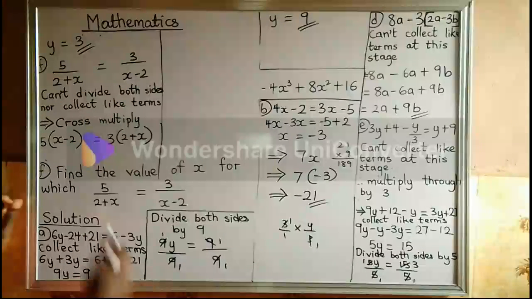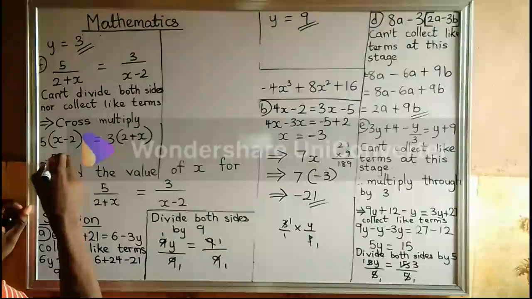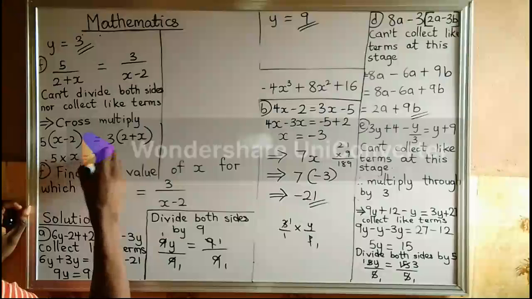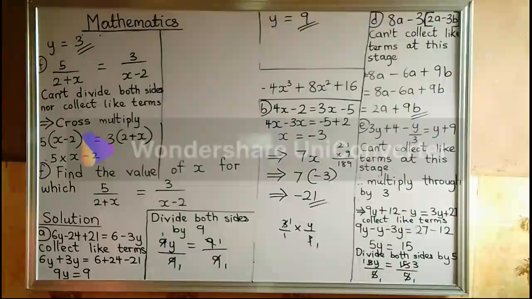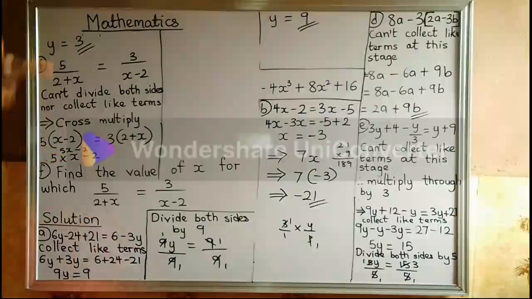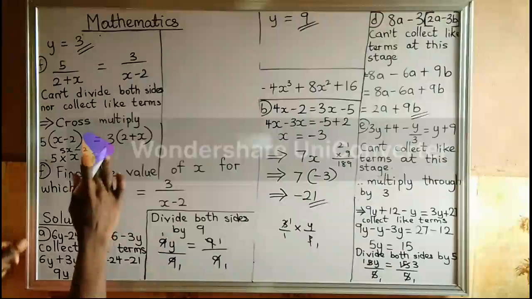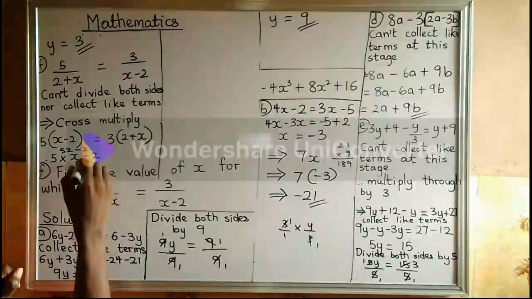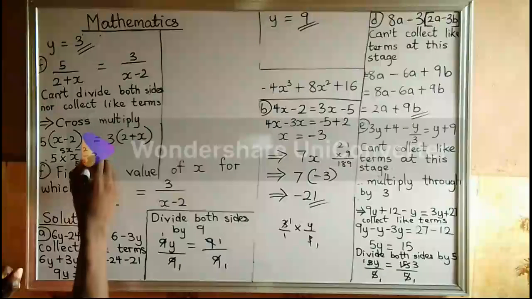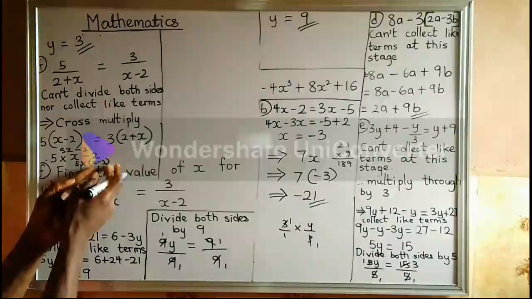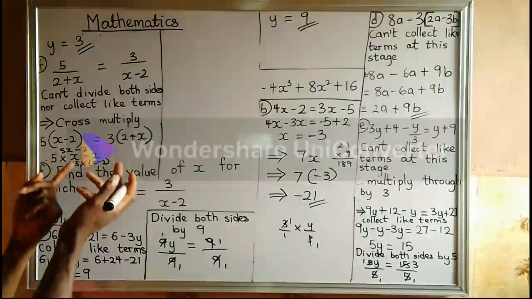So if I don't introduce bracket and write it this way, 5 times x minus 2, do you know it could mean different thing? It could mean 5 times x, which is 5x, then minus 2, which is not what we actually need. It could also mean 5 then multiplied by x minus 2. Do you see where the bracket comes from? So if you had done it this way, you would have been wrong.